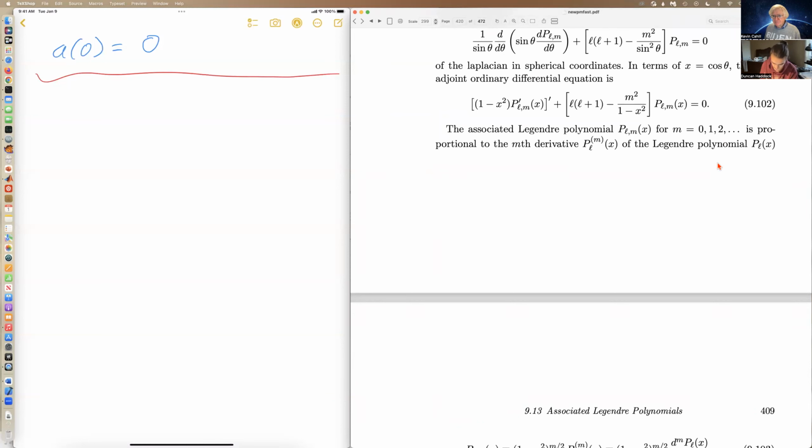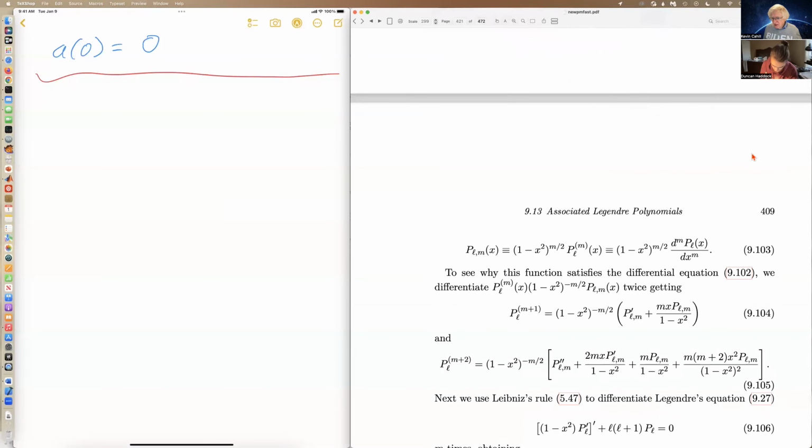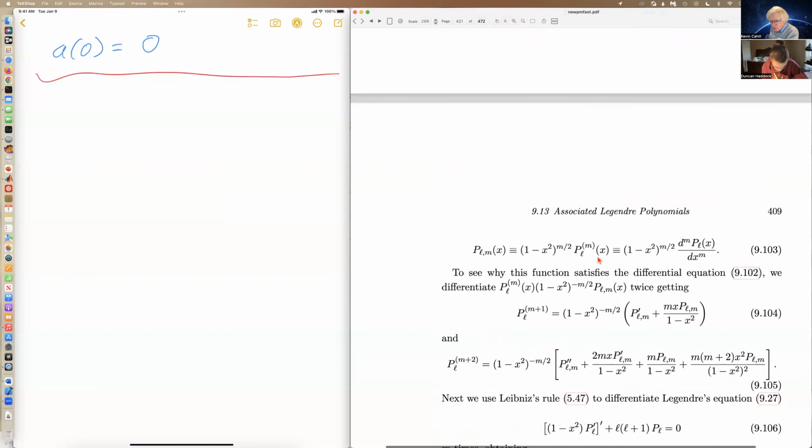And it turns out that P_LM is actually proportional to the mth derivative of the Legendre polynomial. And the factor of proportionality is 1 minus x squared raised to the power m over 2.